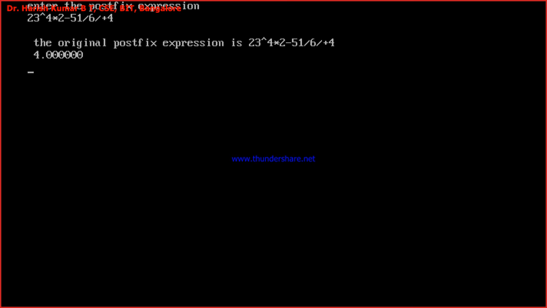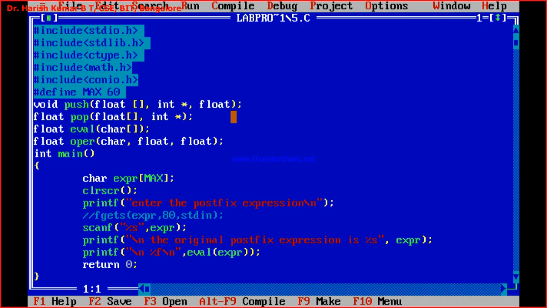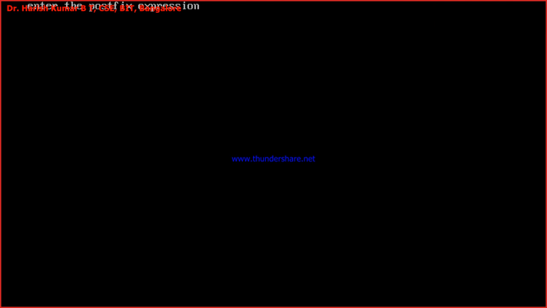There's another plus at the end. There is one more plus at the end? Yes, sir. Okay, let me add it. Let me give it again. 2, 3 exponentiation, 4 star 2 minus 5 1 divided by 6 divided by, after this divided by there is plus, no?